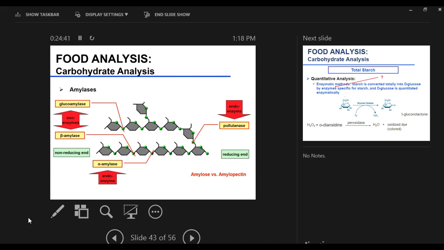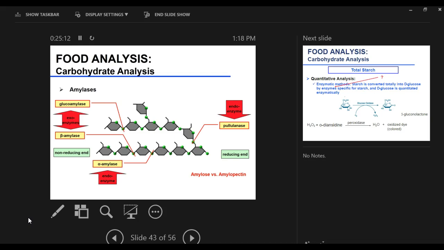So your endoamylase, alpha amylase, is going to break it down into smaller chunks, smaller chains, and then the glucoamylase is going to come in and chop one at a time to give you glucose units. Okay?